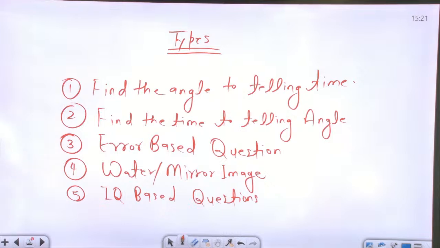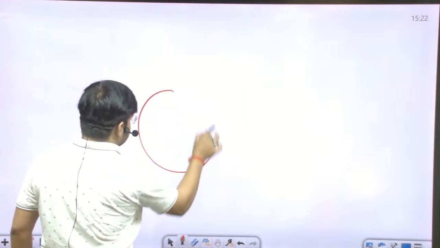Let's start with the first one. There is a clock.